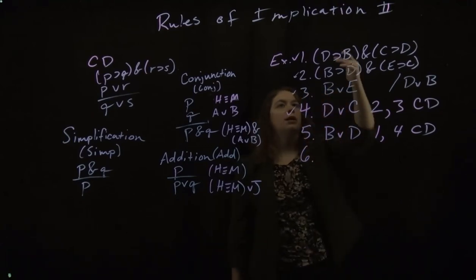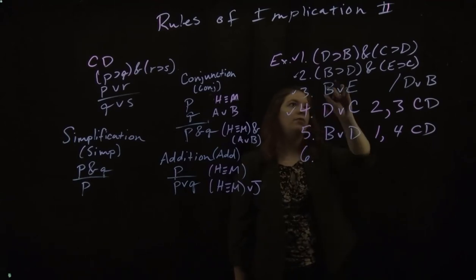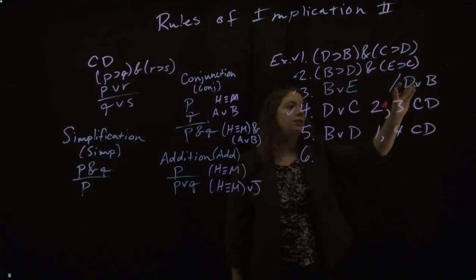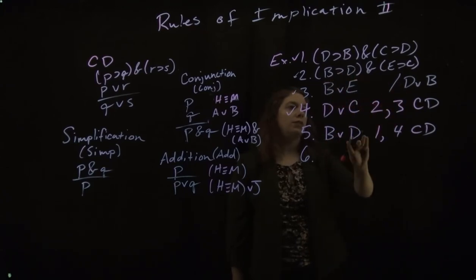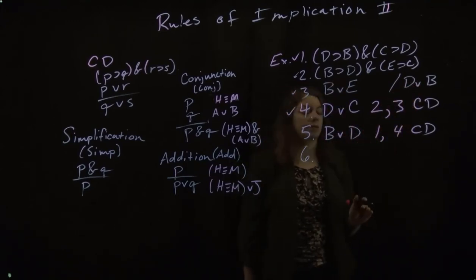If we go back to lines 1 and 2, our original premises, we can see that we have B horseshoe D, and we have B or D. Well, if we somehow had constructive dilemma, we could eliminate the B and get the D, and that would be on the right side here for the conclusion.